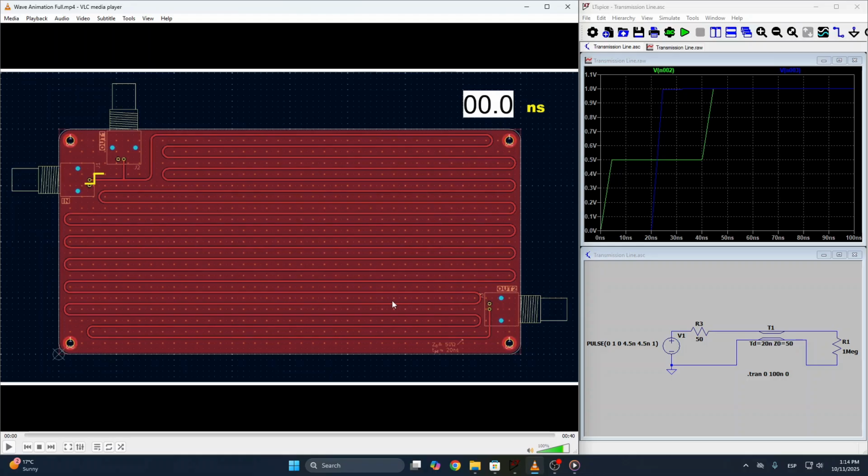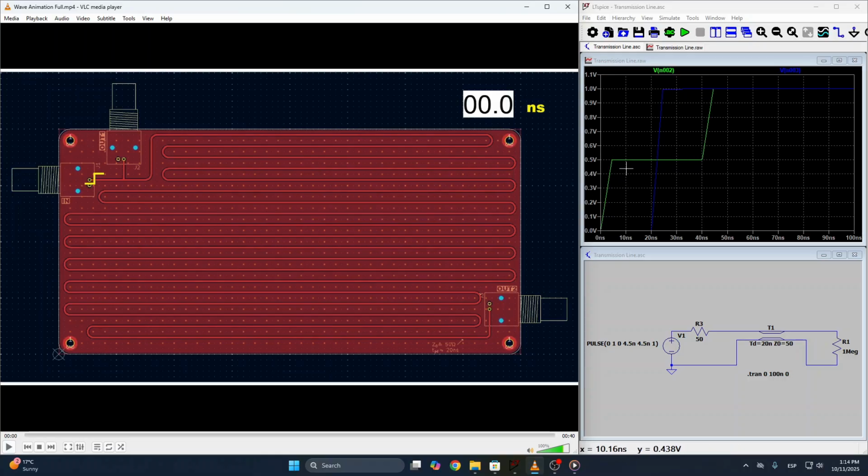It doesn't know yet that at the other end of the trace there is an oscilloscope with a 1 megohm input impedance connected. So the 50 ohm will form a voltage divider with the 50 ohm source resistance of the function generator, and that's why we see initially a 0.5 volt step on this green line in our simulation.